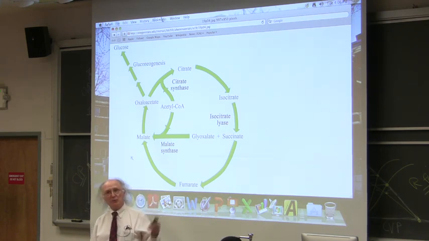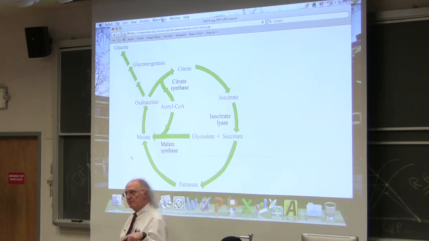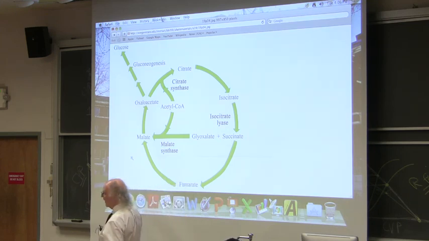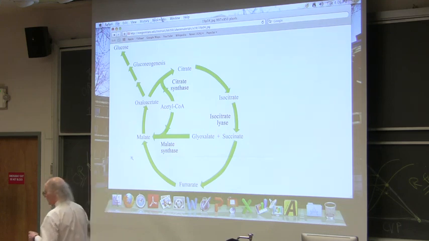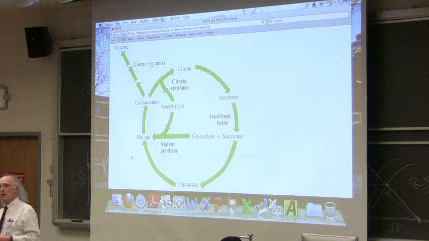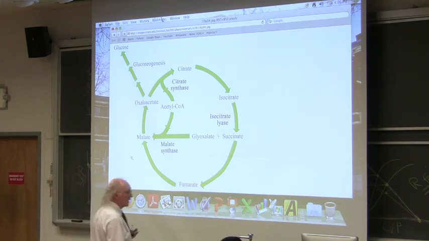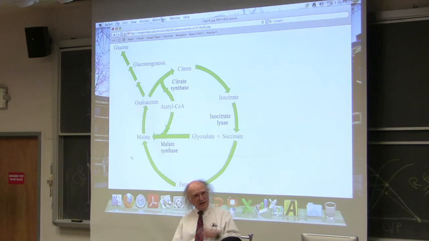But that's still less than what the citric acid cycle would give. That means, therefore, that when the cells have plenty of energy, they're not going to be running the citric acid cycle. They're going to be running this cycle and taking that extra oxaloacetate and making either glucose or aspartic acid. And when they're low on energy, they're not going to run this cycle. They're going to run the citric acid cycle. That's basically what it comes down to.